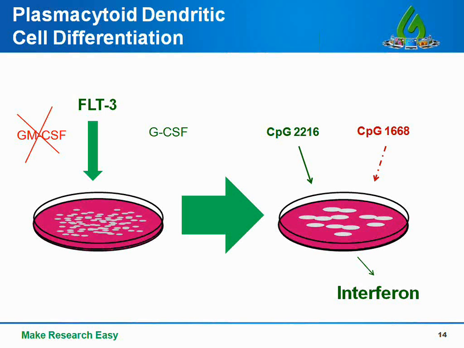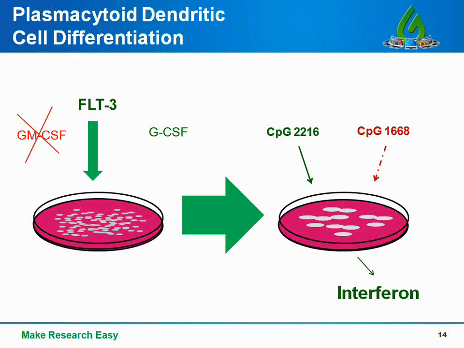Now, it's critical that you do not add GM-CSF to your PDC culture, because this will immediately provoke a preferential differentiation into classic myeloid dendritic cells. However, some protocols suggest that you do add G-CSF to HSCs that will help promote PDC differentiation in the presence or absence of FLT3 ligand.